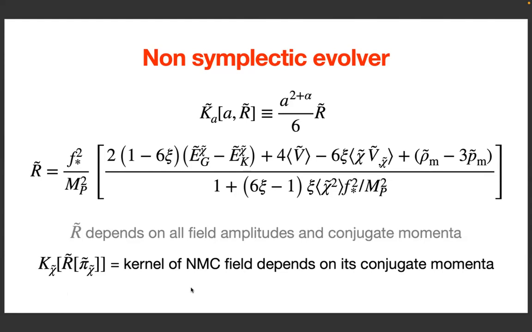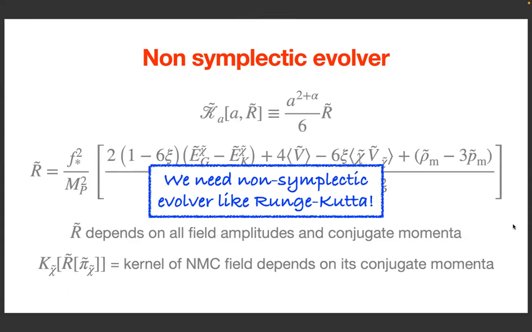So that means that the kernel of the non-minimally coupled field depends on its conjugate momentum. So we cannot use the symplectic evolvers that were shown to you, like leapfrog or velocity Verlet. We need to use non-symplectic evolvers, like a Runge-Kutta one.